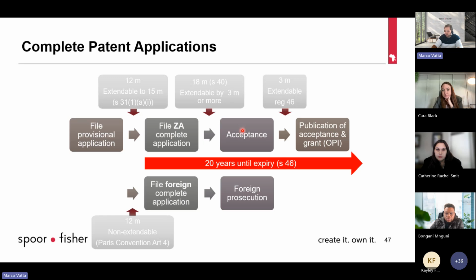So from when you file your application, from this filing date, there's an onus on the applicant to ensure that they comply with all the formal requirements relating to that application. So there's certain documents that need to be submitted in support of this application. That's your Form P3, P26, and then proof of the assignment of the invention if the applicant is not the inventor.